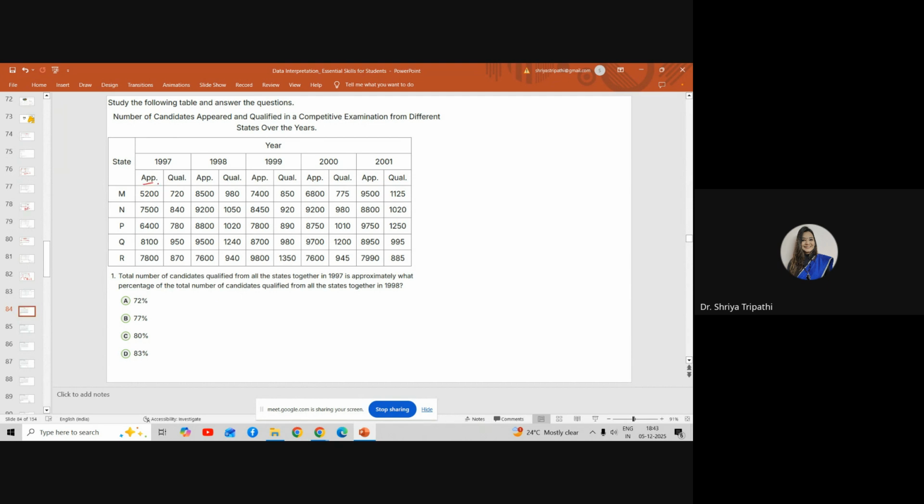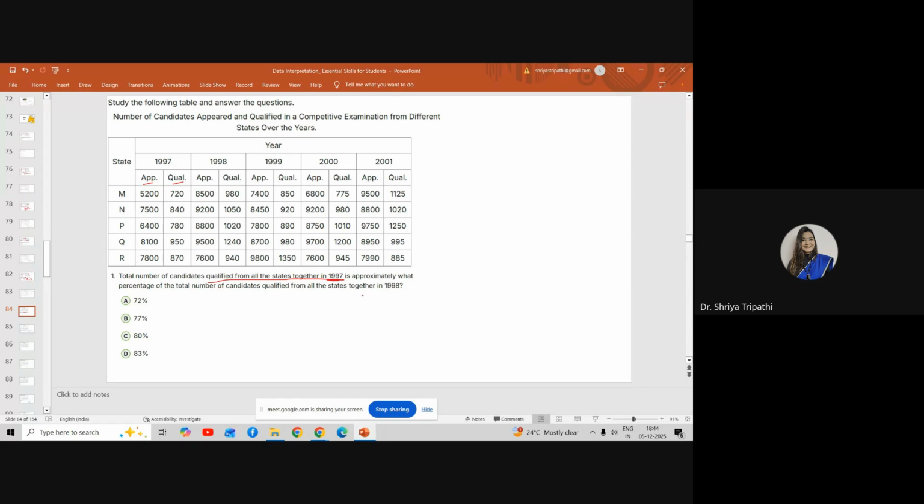This is applied and this is qualified. The total number of candidates qualified from all the states together in 1997 is approximately what percentage of the total number of candidates qualified from all the states in 1998?